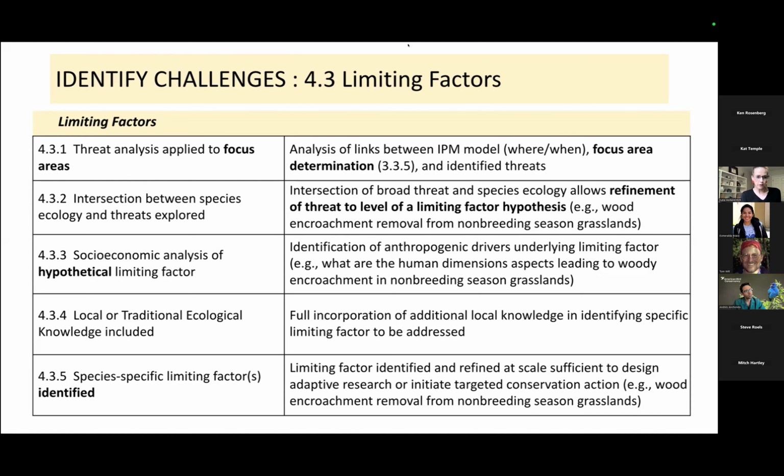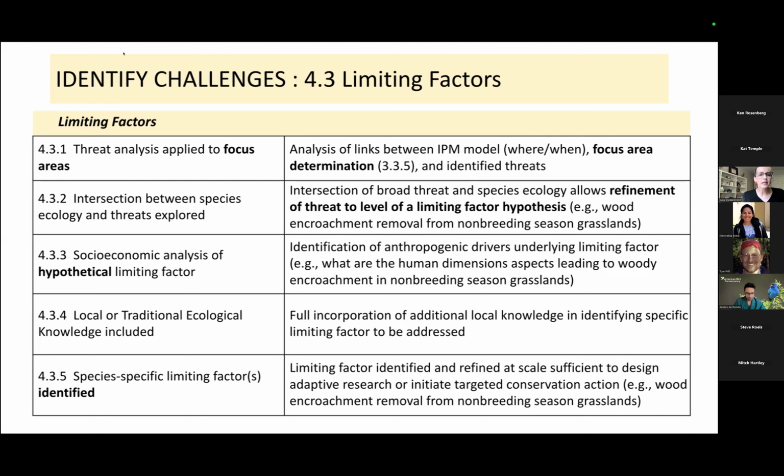And then the fourth one here is that local and traditional ecological knowledge are included. That can be through partners that we've identified previously in the wheel. That can be through knowledge that exists in different formats, including published knowledge, but including other sources of knowledge from particular focal areas that may have been defined in the previous section for the species.